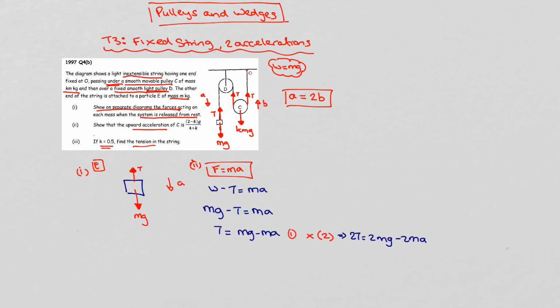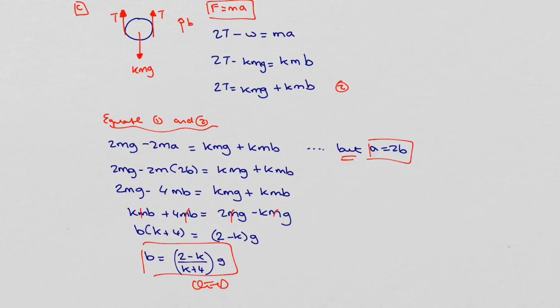So of course the tension in the string is T is equal to mg minus ma, and I know that a is equal to 2b, and I know that b is equal to 2 minus k over k plus 4 times g. So a is going to equal 2 times 2 minus k, so that's going to be 4 minus 2k times g all over k plus 4. So in other words, I just double b to get a.